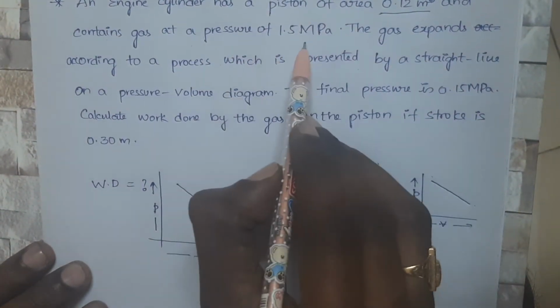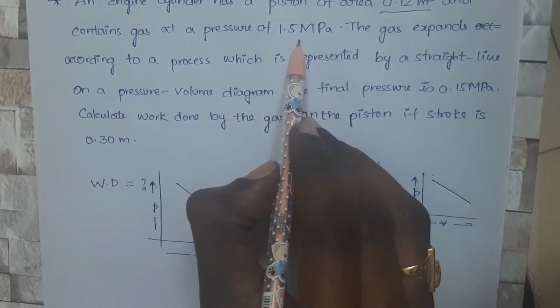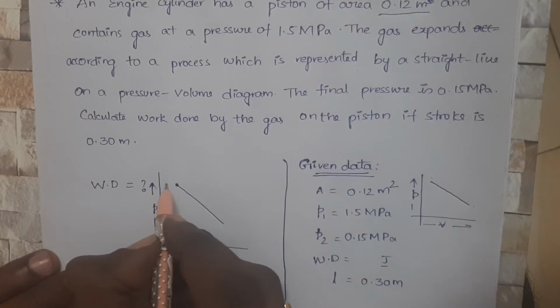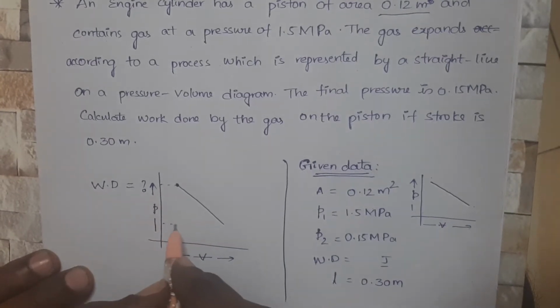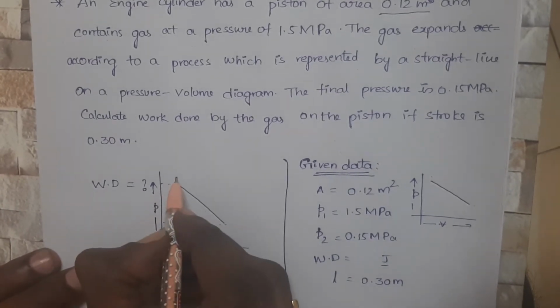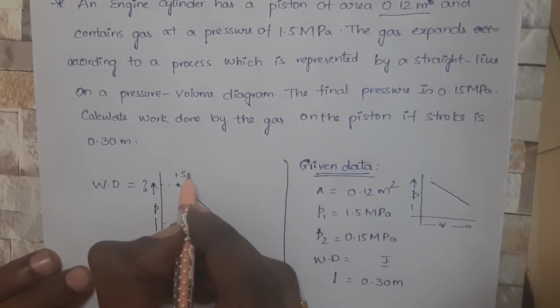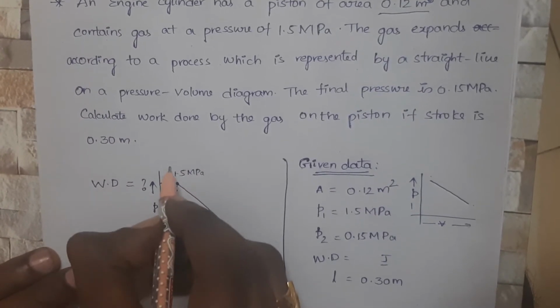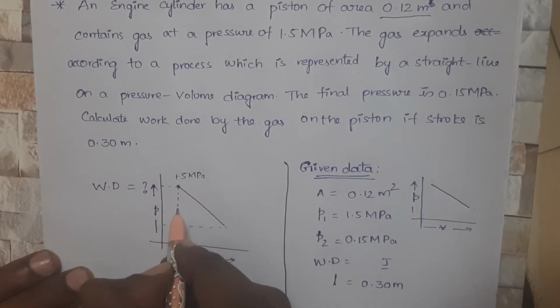The initial pressure is 1.5, which is high, the higher pressure compared to this one. So this is something like 1.5 megapascals. That is P1.